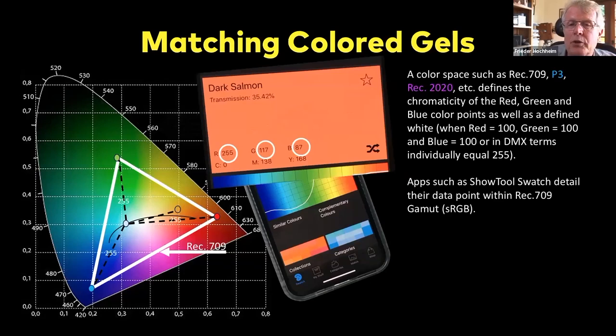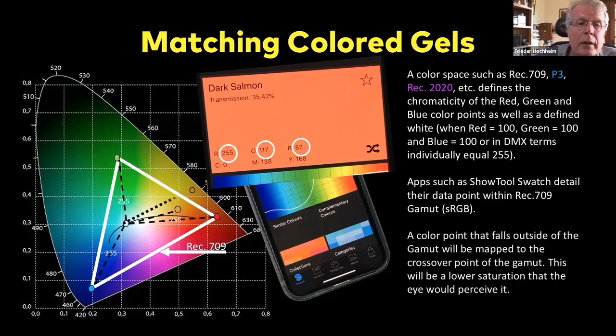You can either look at a percentage in hundreds, or in our case, since we're doing 255 increments, you have to click the little arrow button over here, and it'll take you into the 255 increment position. And so from there, it's a matter of simply inputting those numbers. And again, what we'll do is plot that data to this point, when in fact the actual color point may be out there. So whatever that crossover point is in 709, these values will reflect that 709 color point.